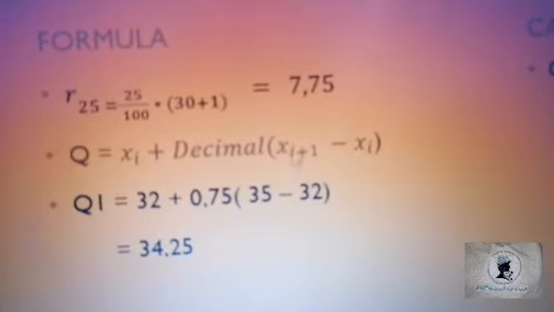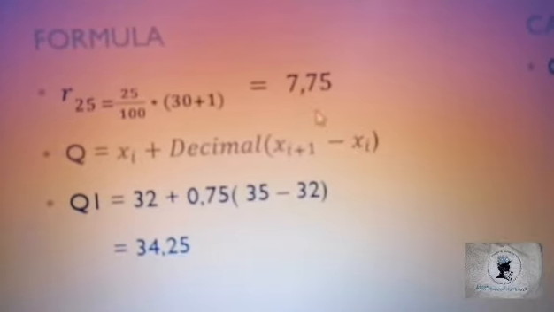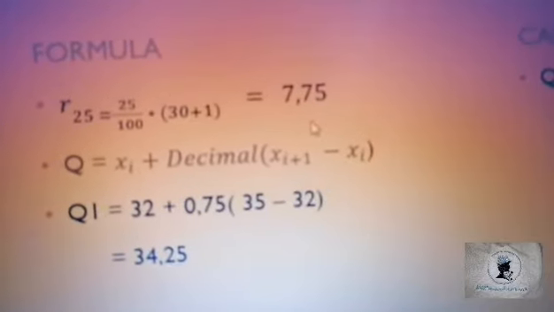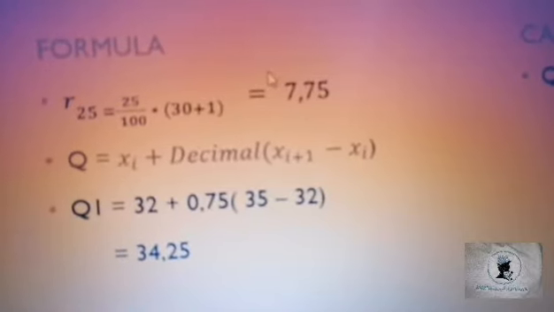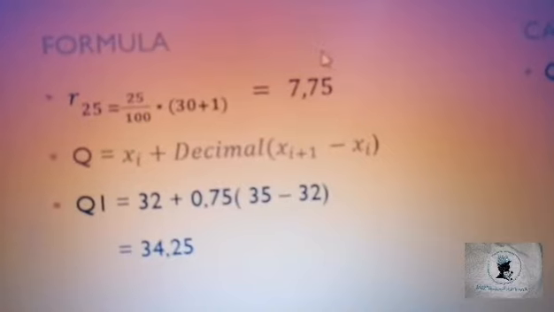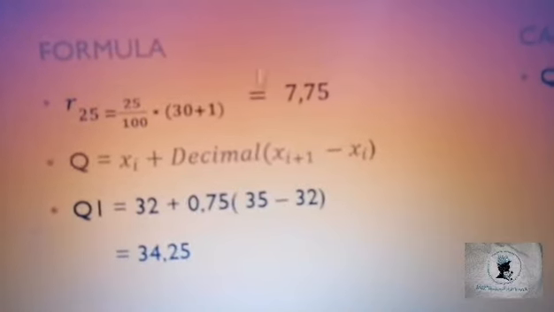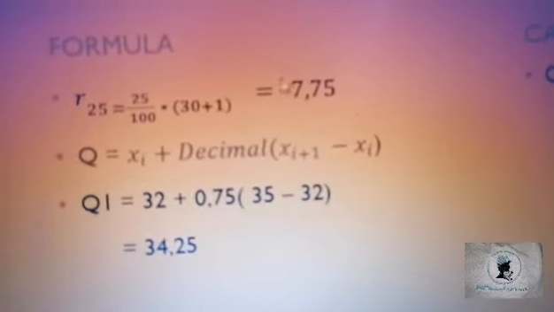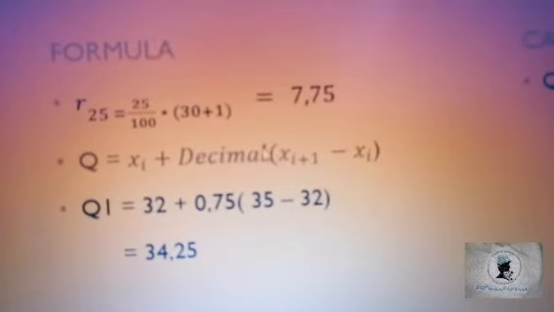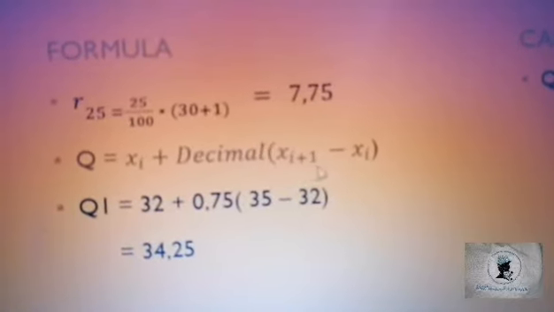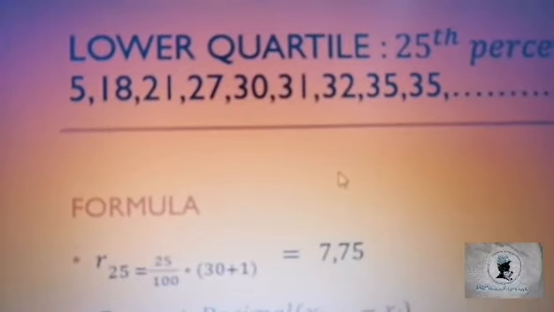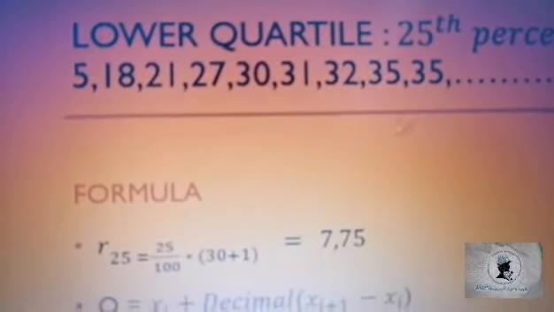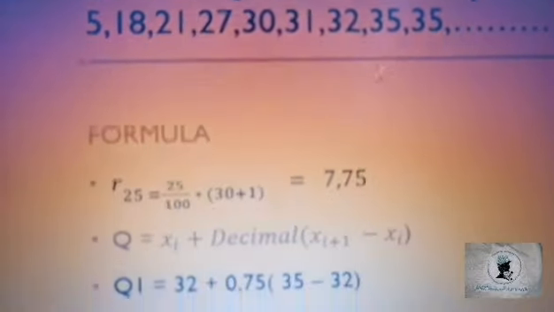Remember that i is the whole number in your answer, so it won't always be 7. It depends on your pseudo rank answer. So our xi plus 1 equals 35 in this case, because the data value at position 8 equals 35.